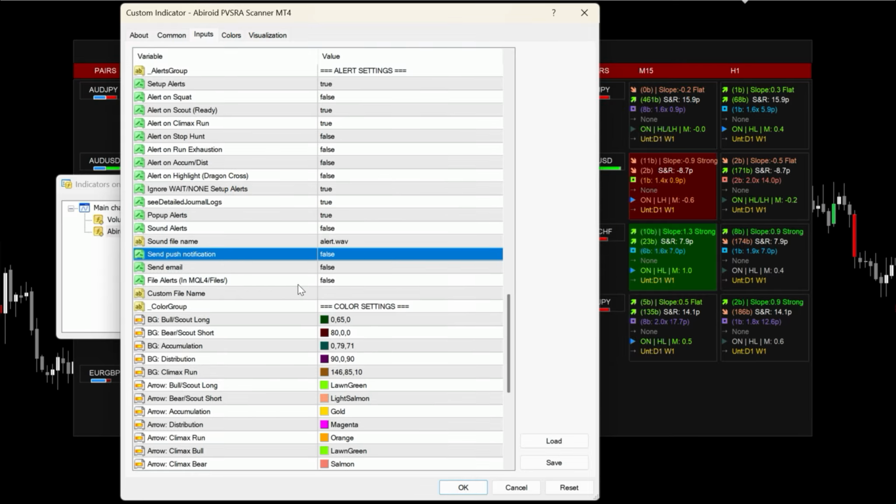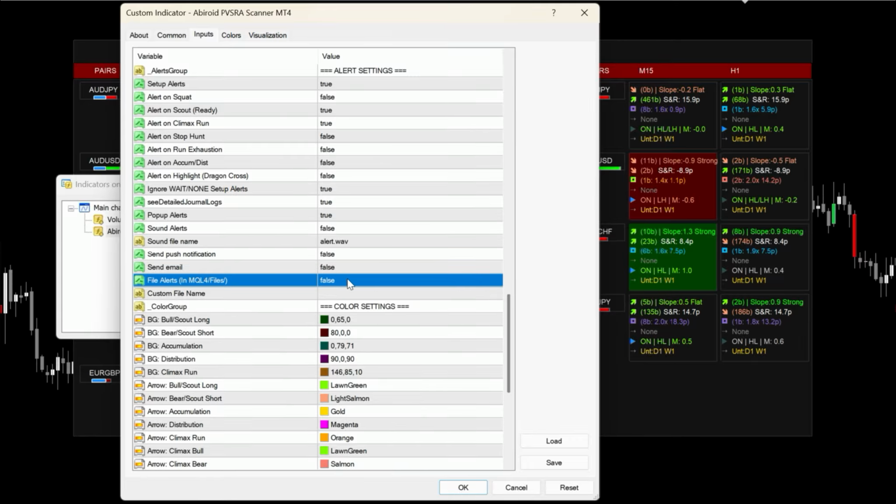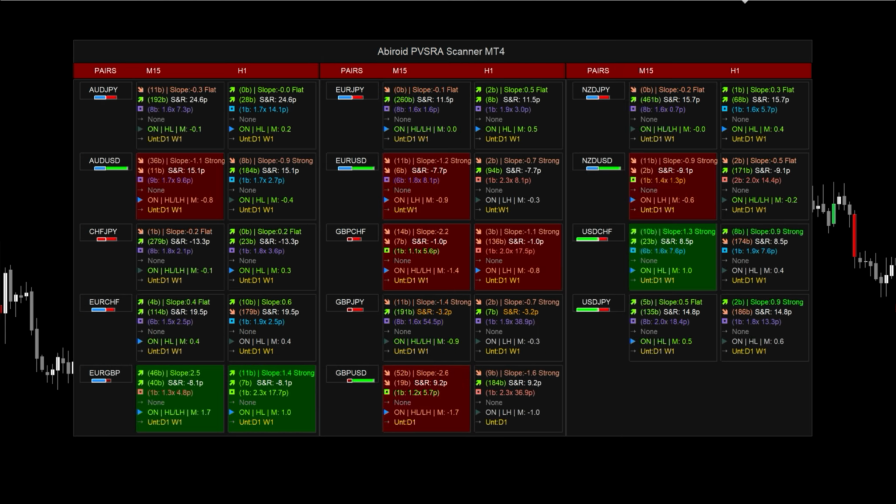So what I would suggest is to use one of my EAs. It is an EA utility for sending your signals to Telegram. Suppose I have file alerts set to true, and I use the Telegram dashboard, let me add that right here.